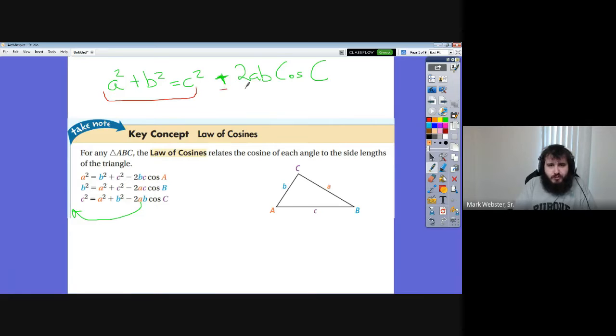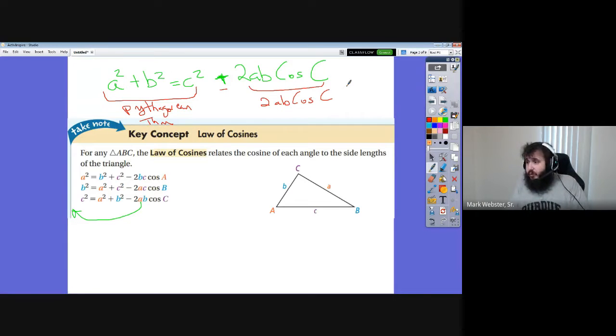A, B, C plus A, B, C. So it's the Pythagorean theorem plus 2AB cosine C. Now, the best part about this theorem is that it works no matter what.